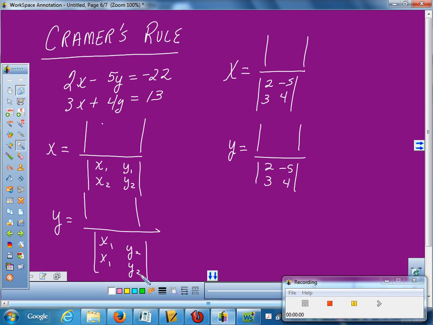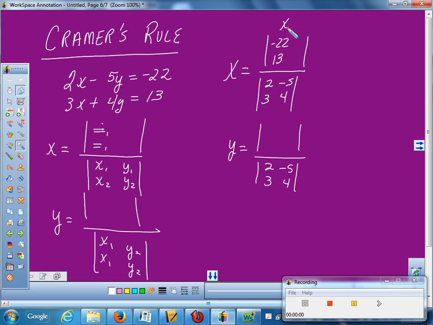Okay. The top determinants are what changes based on the variable you're solving for. If you want to solve for x, you put the numbers the equation is equal to in the x column. So I'm going to put the -22 and the 13 in the x column because I want to solve for x.